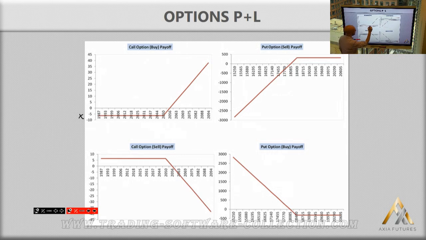Your strike price is 20.50, just here. Now you're still not in the money until you hit 20.56 because of the fact you've got to cover the premium of the option. As soon as you've done that, you are then in the money. The seller is now losing. This is what the seller's made. So they've made that $5 all the way up to 20.50, and then they start losing, and then they lose indefinitely.